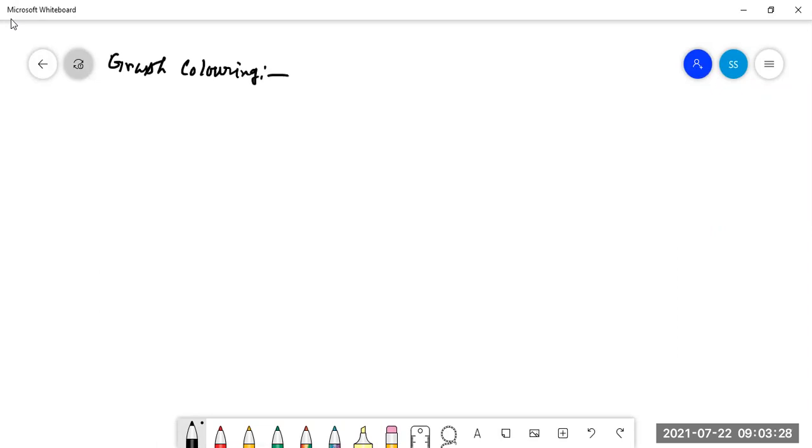So today we are going to learn graph coloring. So what is graph coloring?